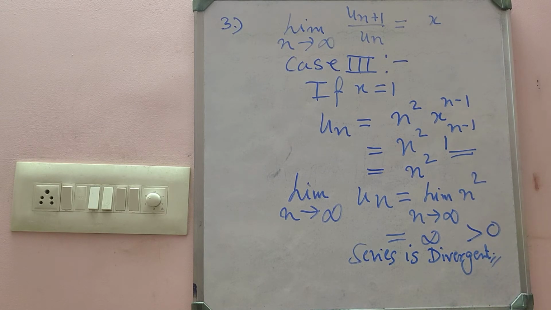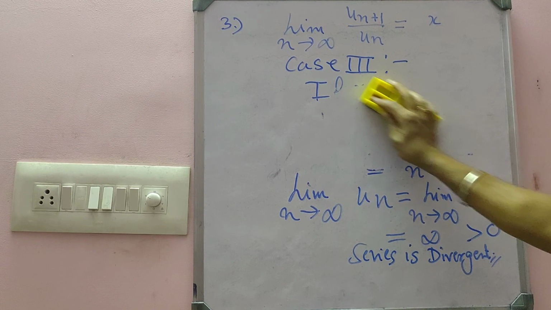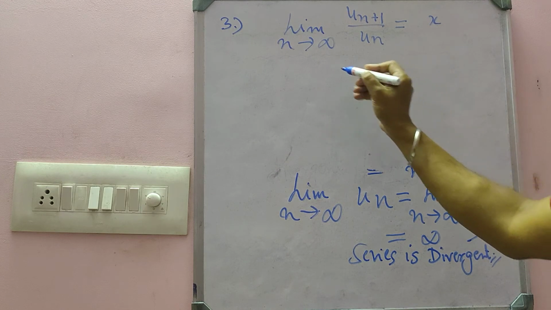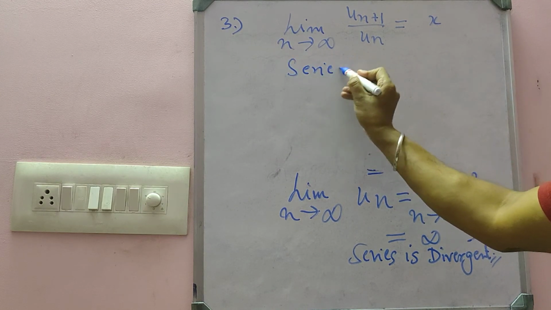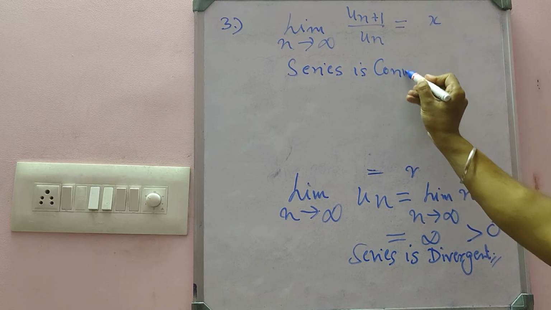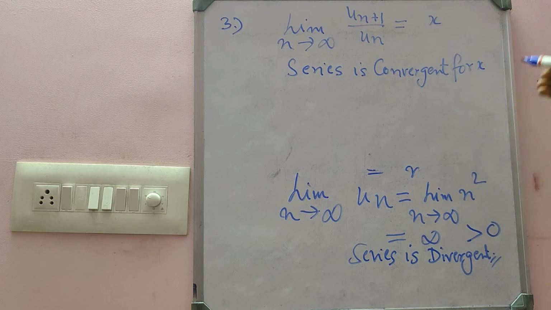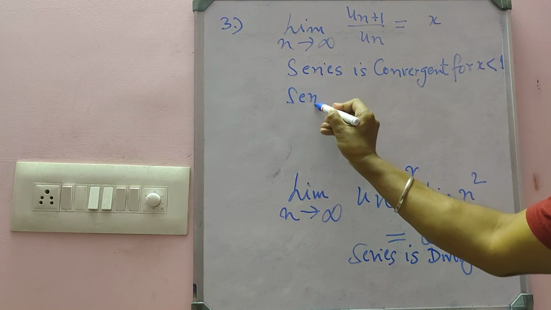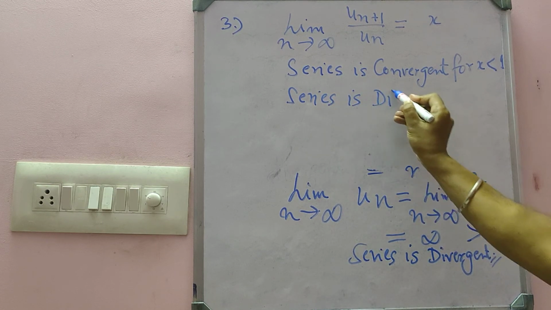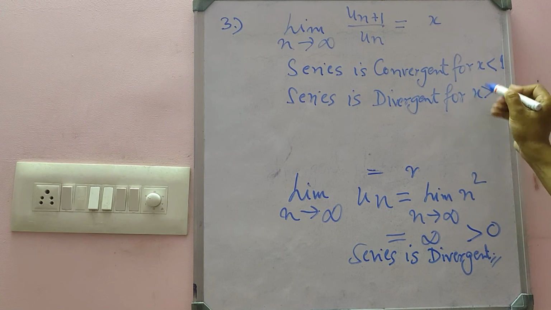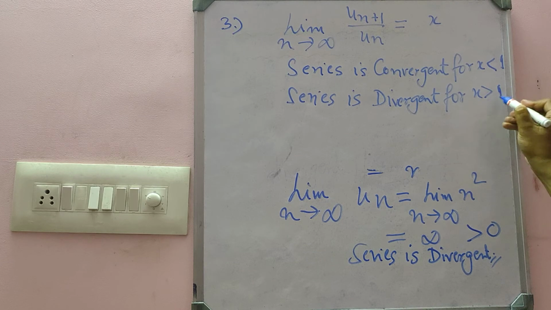Okay. So finally, what will we write in our final conclusion? The final conclusion we will give is: series is convergent for x less than 1, and series is divergent for x greater than 1, by this sufficient condition.